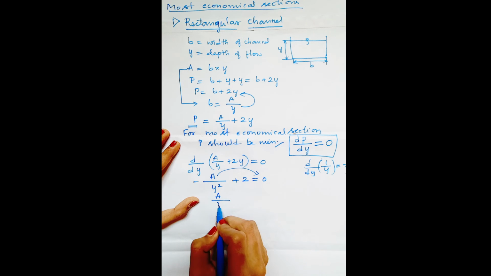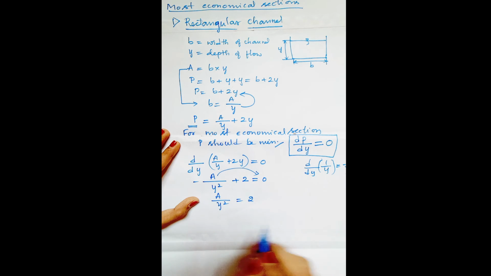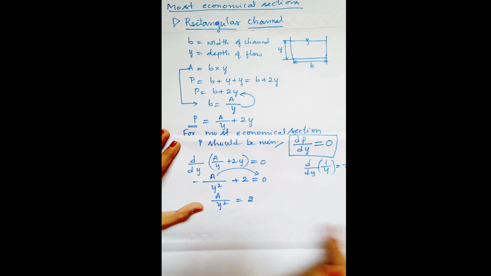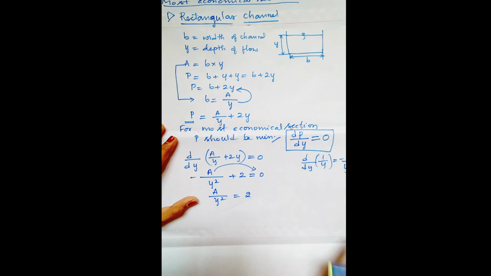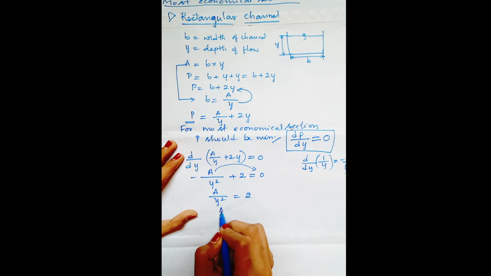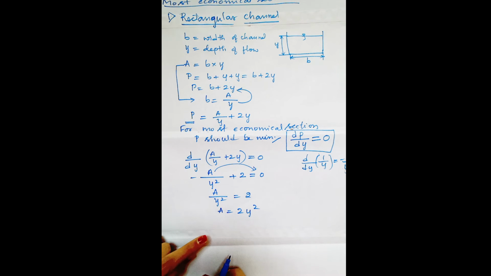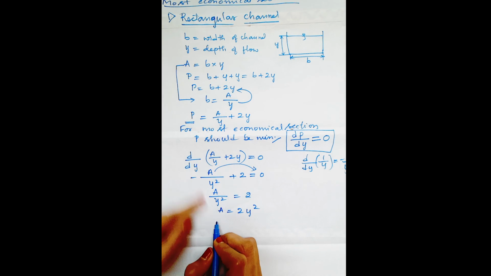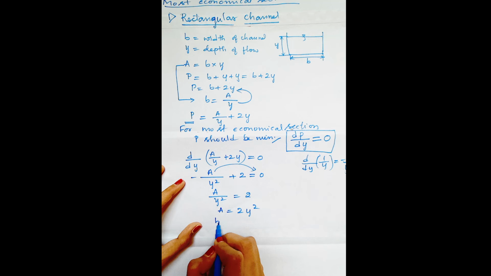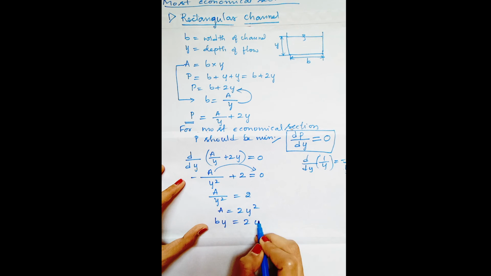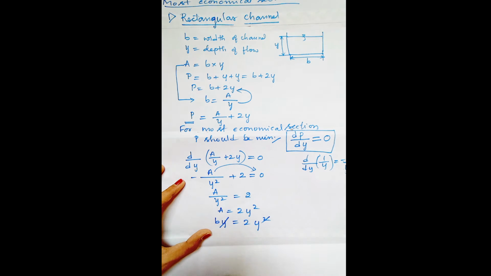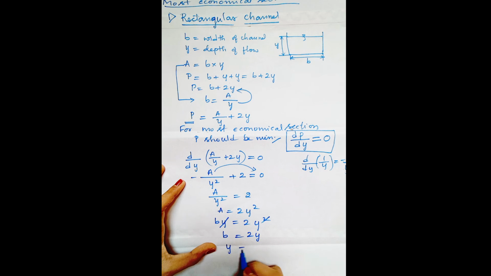So A by y square is equal to 2, and A is equal to 2y square. We know the area of the rectangular channel is B into y, so B into y is equal to 2y square. One y gets cancelled, so B is equal to 2y, or y is equal to B by 2.